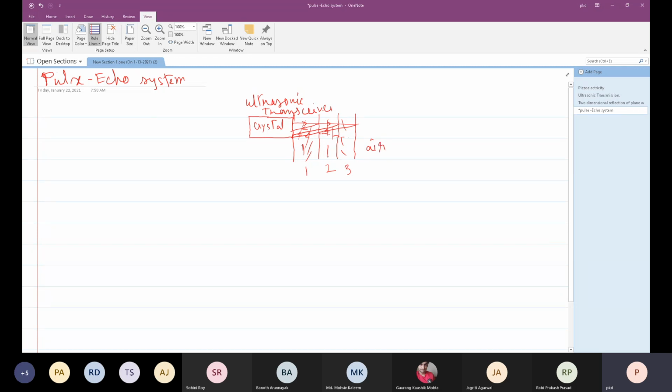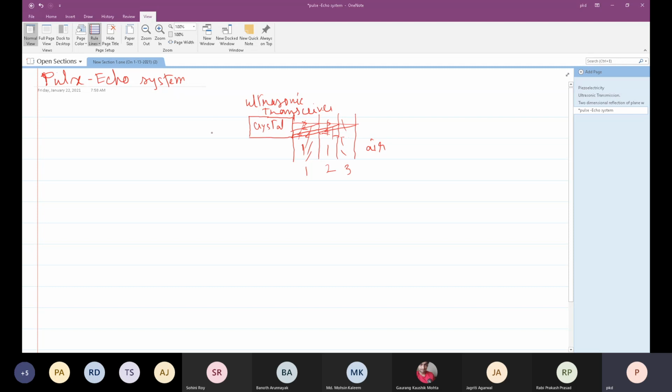If they are solids, say 1 is solid, 3 is solid, and 2 can be liquid. So there would be strong reflections coming from 1 and 2, relatively strong, and also S2, S3, but the strongest reflection will come from the 3 to air boundary.